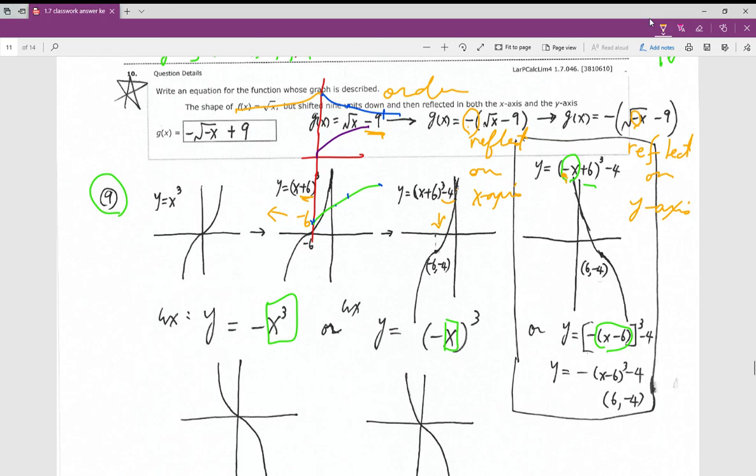So originally we had this one, and reflect on the y-axis. When you have negative x, positive x and negative x switch. So reflect on the y-axis. So this is a very detailed concept. You want to spend more time to study it.